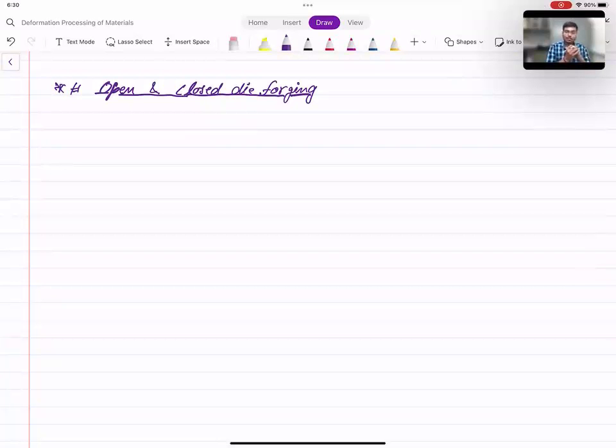But there can be some defect or problem also in closed die forging. If we keep on pressing the material, it may fill the entire cavity, but at certain places it will flow in excess, and it may flow out through the gap between the dies.